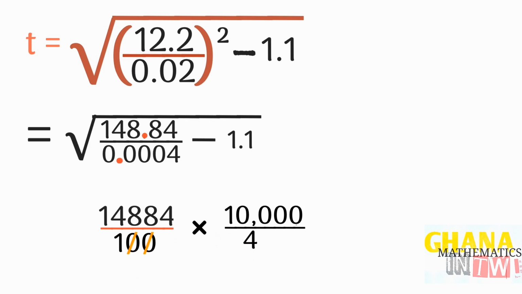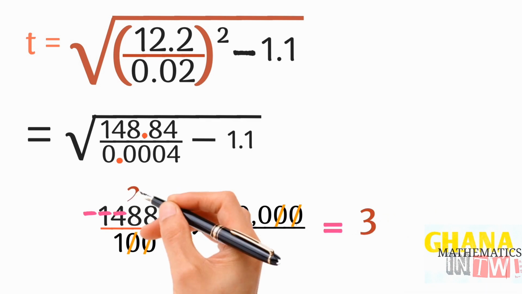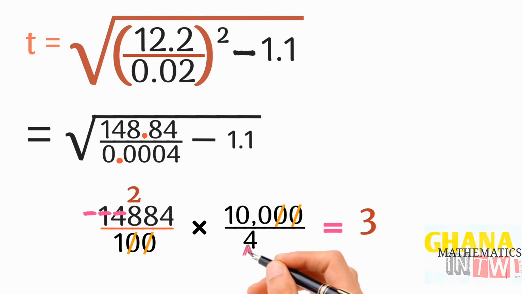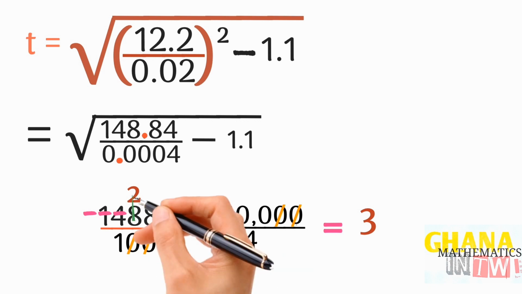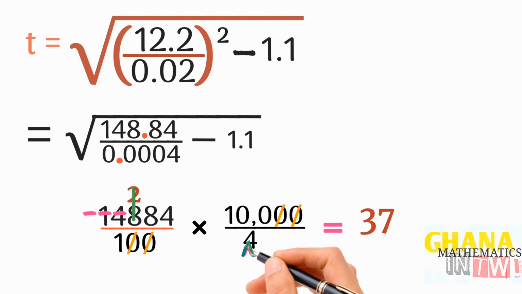The two zeros of the 100 can cancel the two zeros of the 10,000. And 4 can go into 14 3 times. We write our 3 there. What will be the remainder? It will be 2, because 4 times 3 is 12. Now the 2 will add up to the 8 to become 28. 4 can go into 28 7 times.